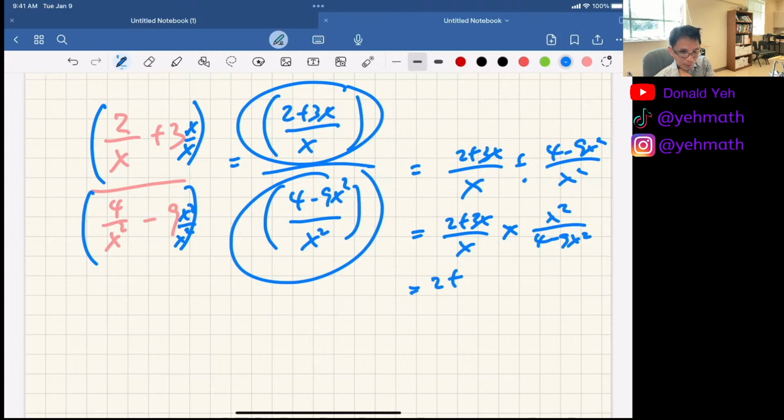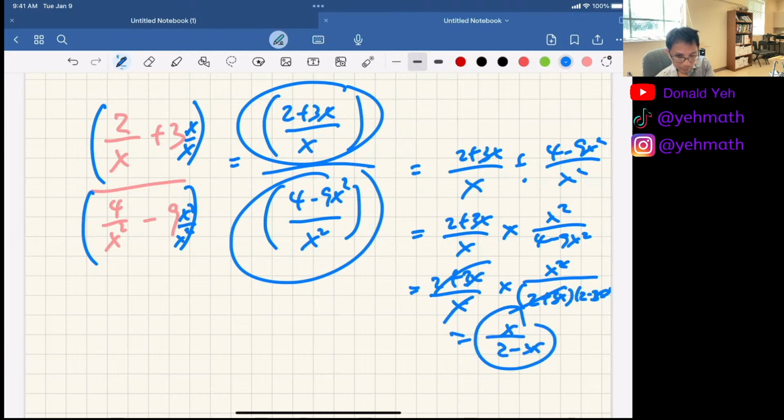Except this one is going to be 2 plus 3x. It's called difference of squares. And this will cancel out, and this x will cancel out. So it'll be x over 2 minus 3x.